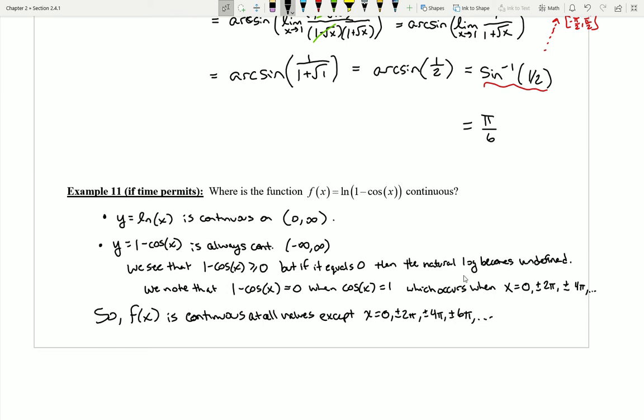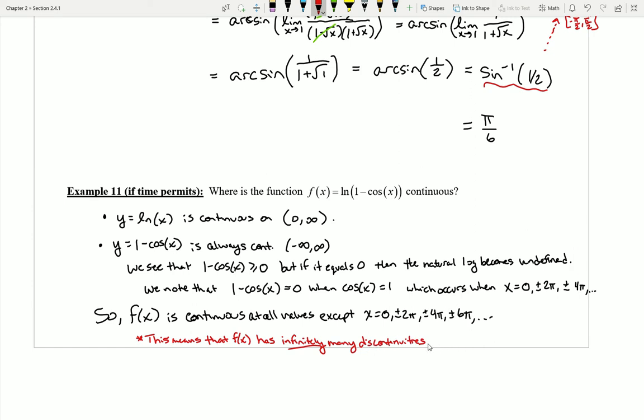What's kind of crazy here is to note what this implies. What this means is that f of x actually has infinitely many discontinuities. How crazy is that?